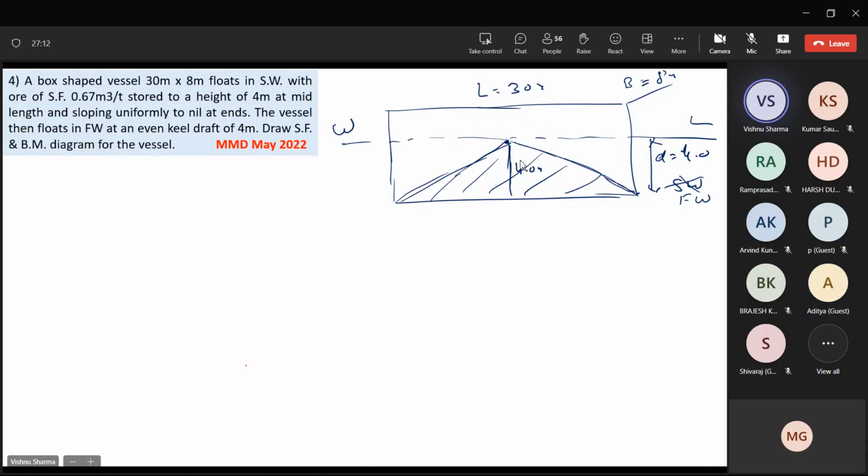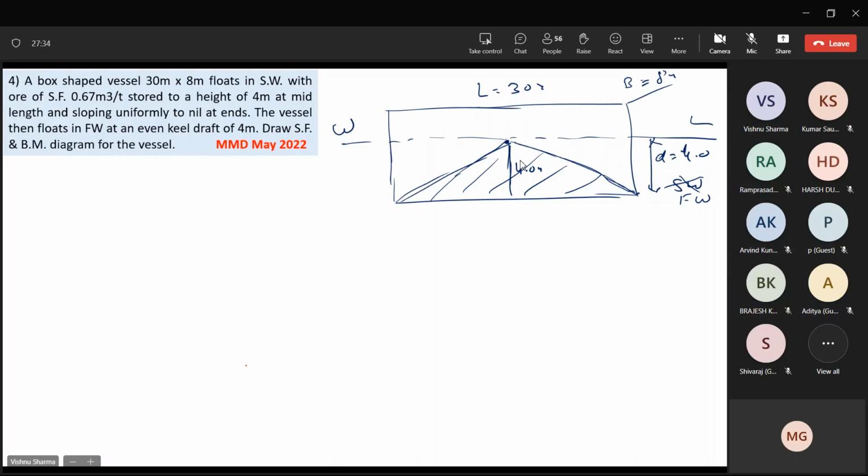Read the question related to the diagram. Let me know if there is any question pertaining to diagram. First step is diagram. Once that is done, then we proceed further. Bolo bhai logo, all good? Yes, sir. Perfect.